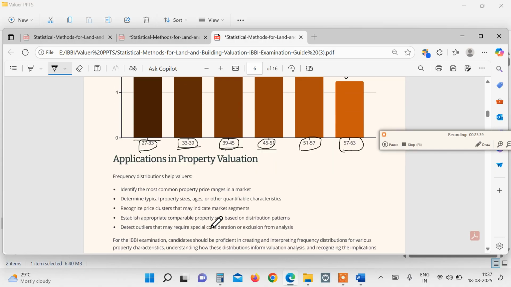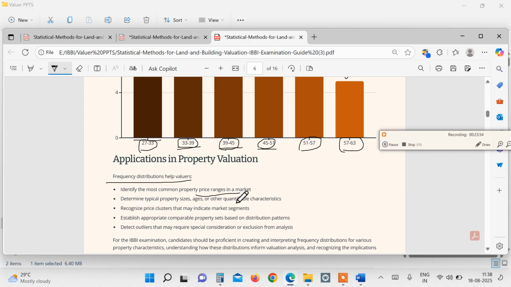So how do we apply this in property valuation? How does frequency distribution help a valuer? It identifies the most common property price ranges in the market.